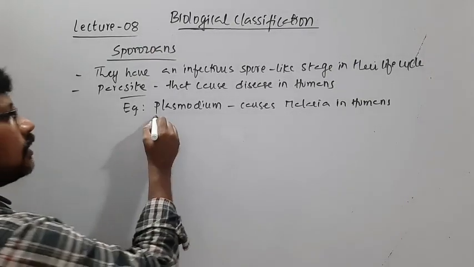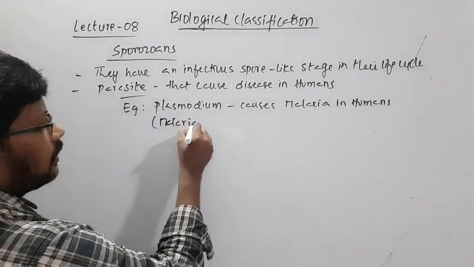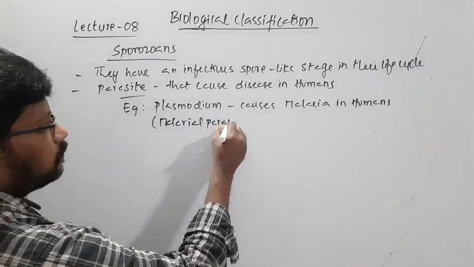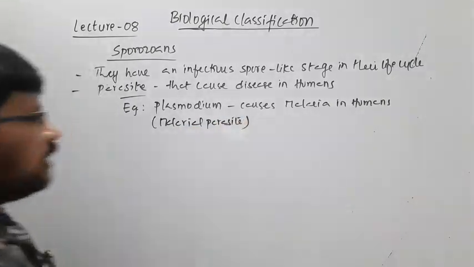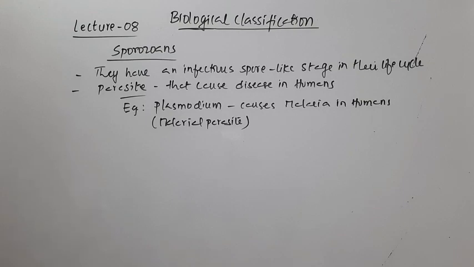Hence it is called the malarial parasite. We will see about this malarial parasite in our coming sessions. So that's all about the kingdom Protista, and we have completed discussing the last group.